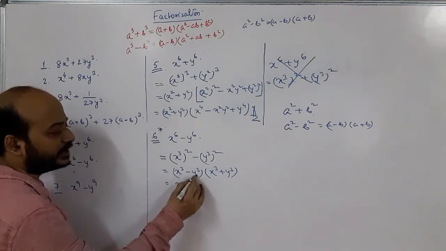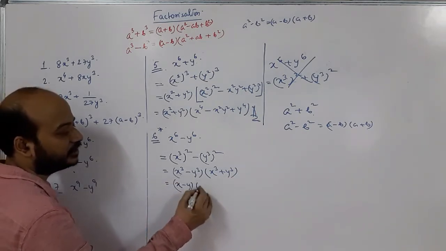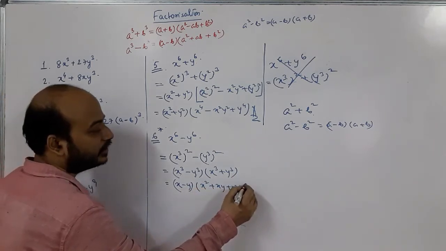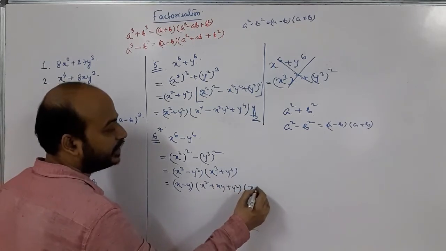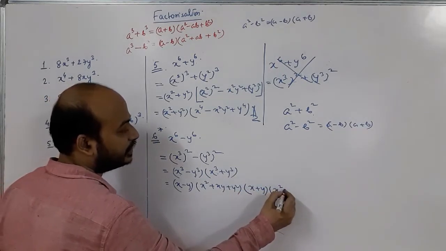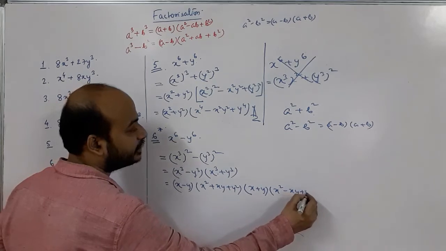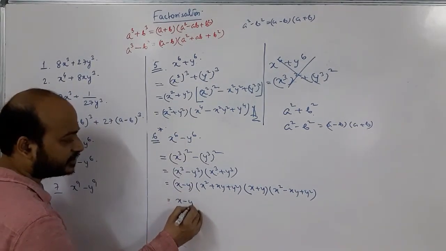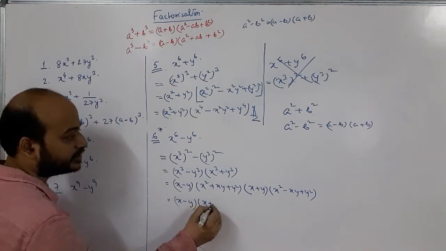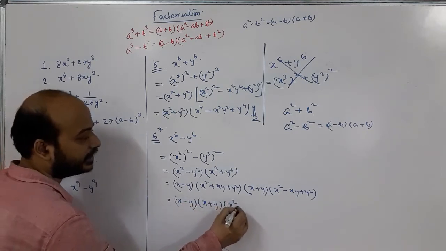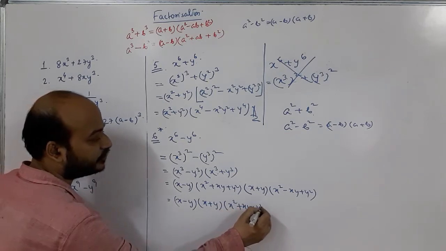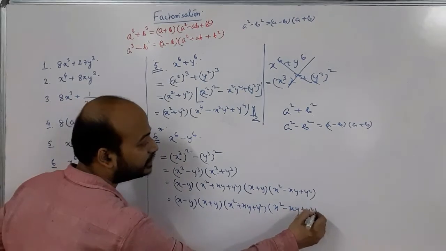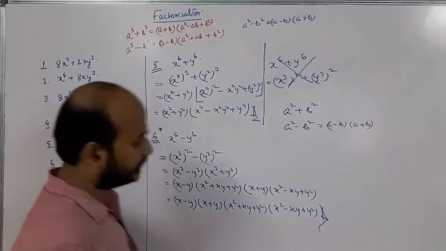So what I get, a cube minus b cube means a minus b, a square plus ab plus b square, and a cube plus b cube means a plus b, a square minus ab plus b square. Okay, now we can arrange this and write it in this way, x minus y, x plus y, x square plus xy plus y square, and x square minus xy plus y square, and that is the answer.